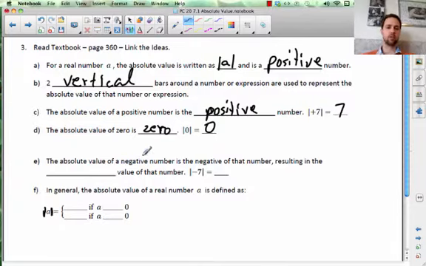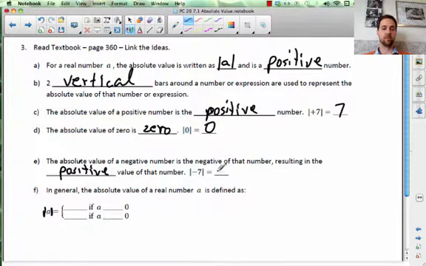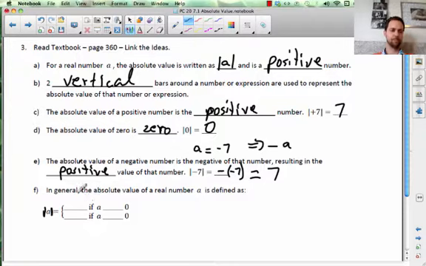Okay? The absolute value of a negative number is the negative of that negative number, resulting in the positive value of that number. Okay, it's kind of confusing, but the absolute value of negative 7 is the negative of that original negative 7. So here, a equals negative 7. So what we're doing is we're going negative a, which is the negative of negative 7, which of course results in positive 7.